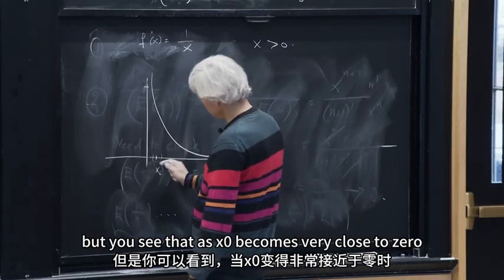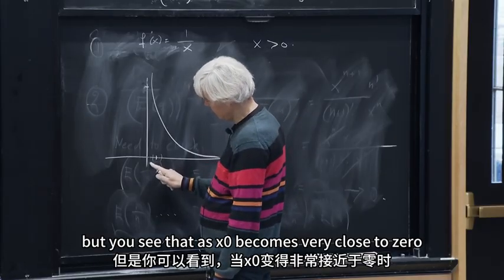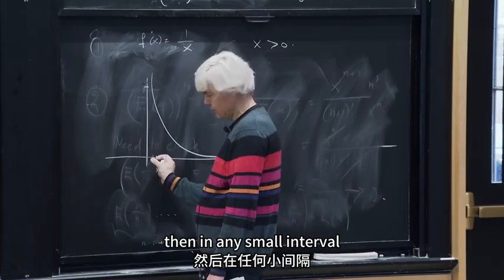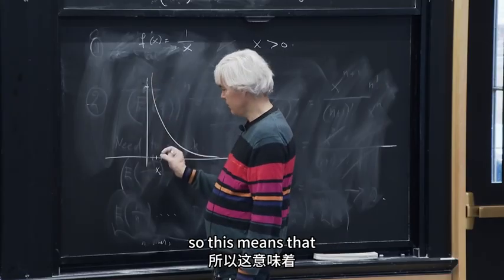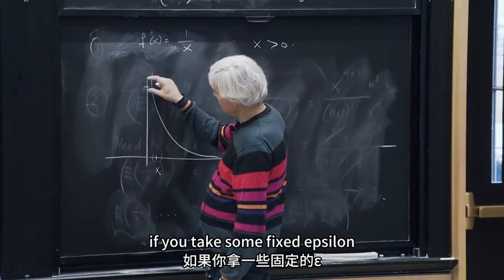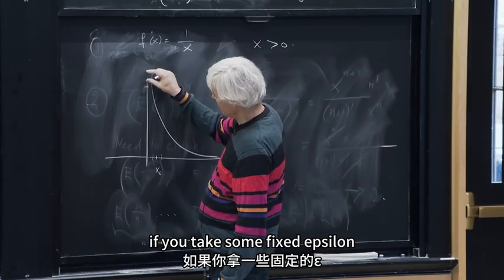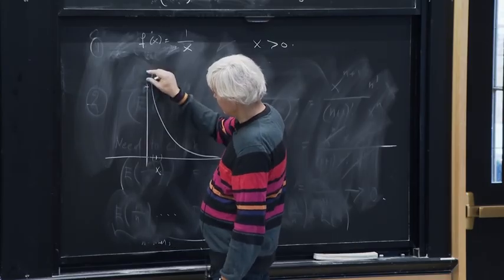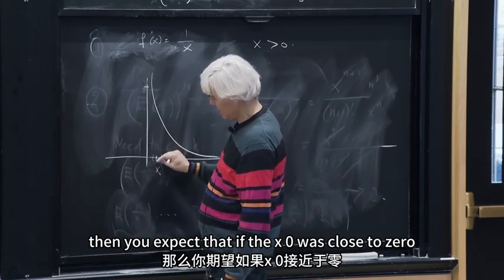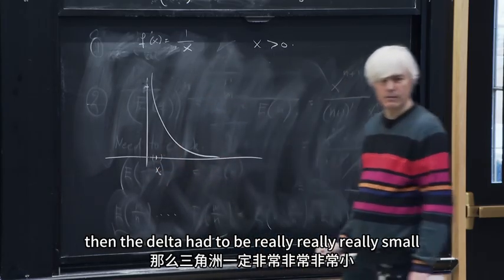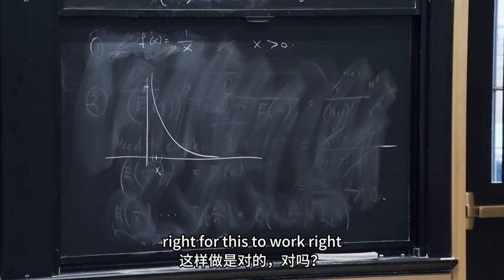But you see that as x0 becomes very close to 0, then in any small interval the function varies a lot. So this means that if you take some fixed epsilon and x0 is close to 0, then delta has to be really, really small for this to work.